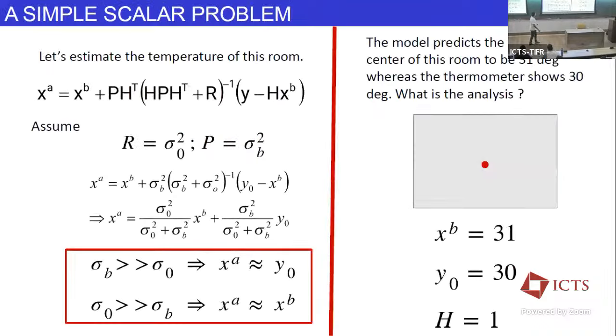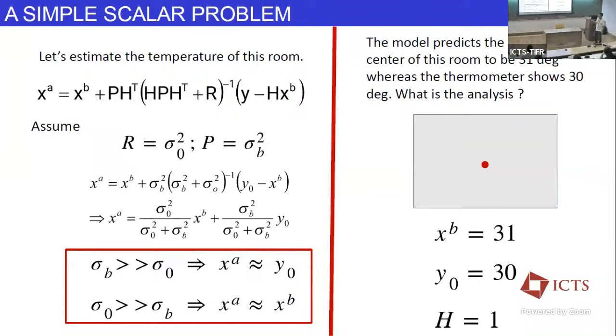So quick recap. This one you are already aware of from the Kalman filter. So XA is the analysis, and then there's a background, and then the innovation is multiplied by this Kalman gain.